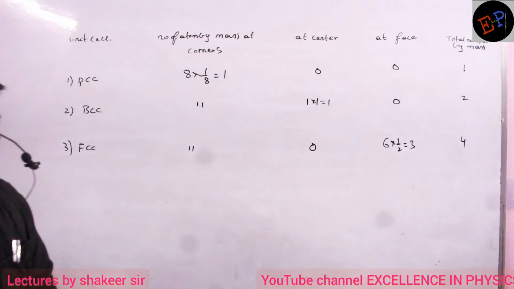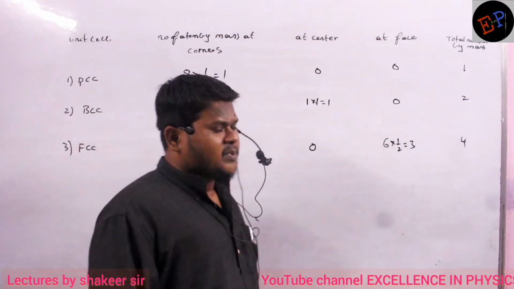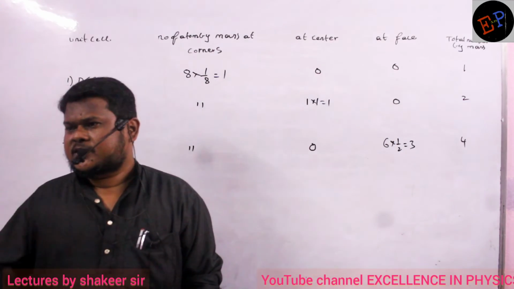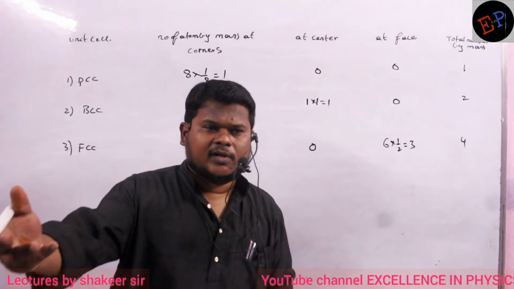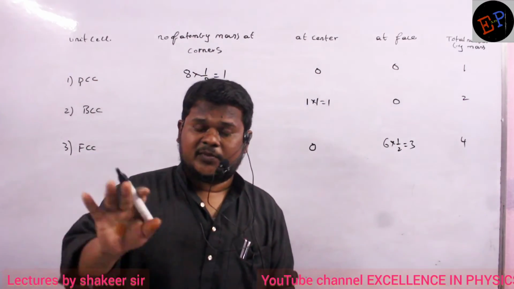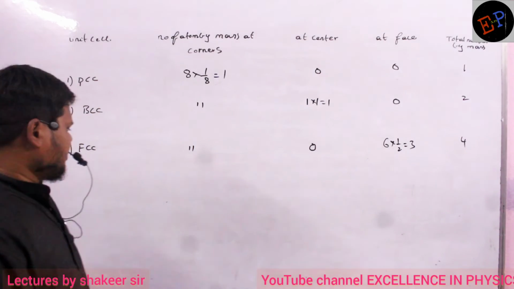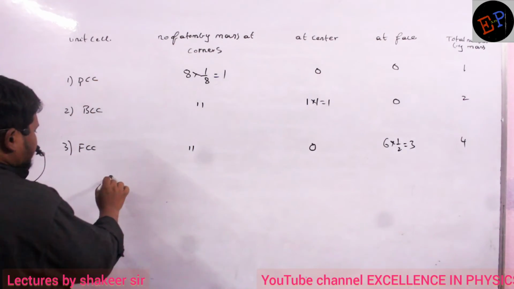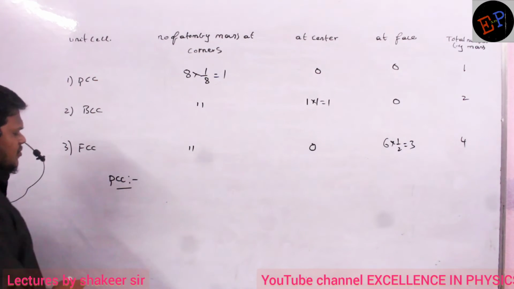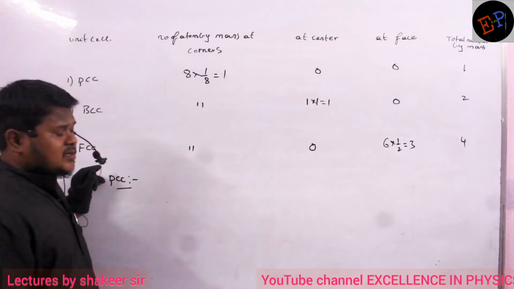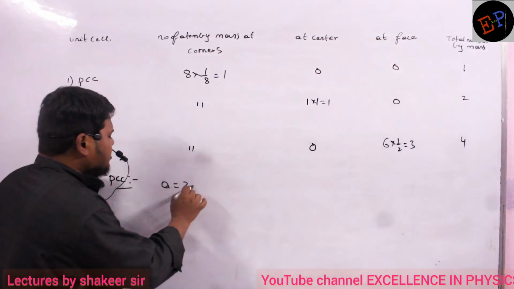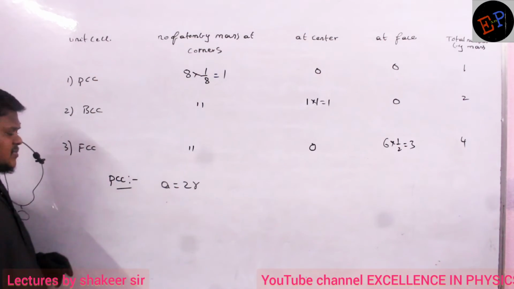Understood? And you have to remember the relation between edge length and the radius of the atom also. You should remember that too. Are you able to understand? For PCC, primitive cubic cell, what is the relation between edge length and radius? A is equal to 2r. This is the relation. Okay.